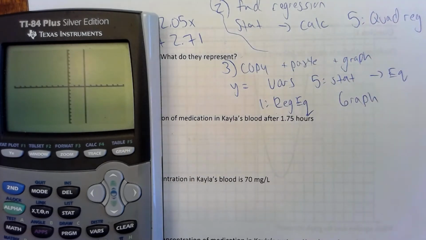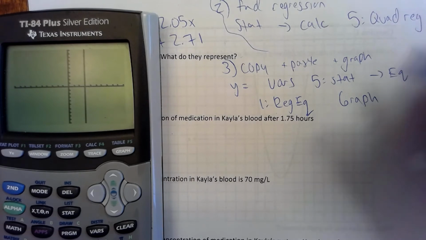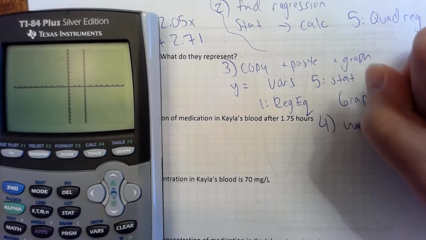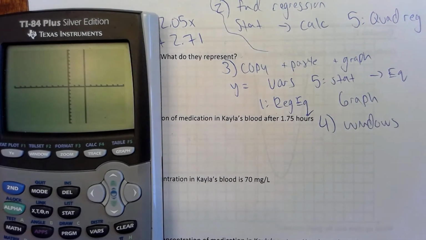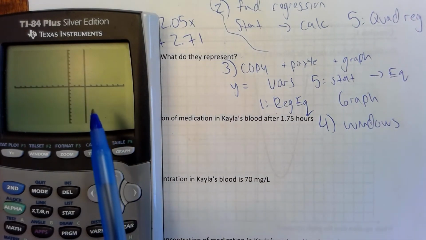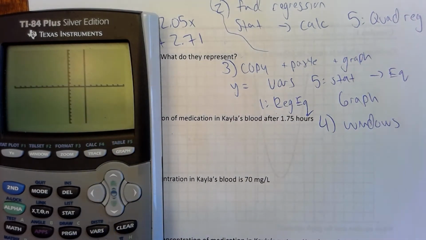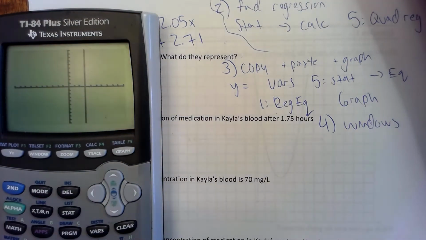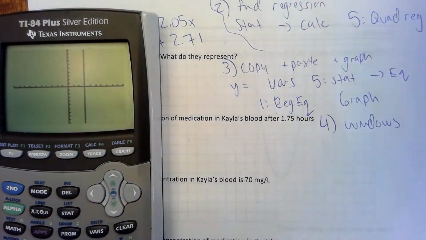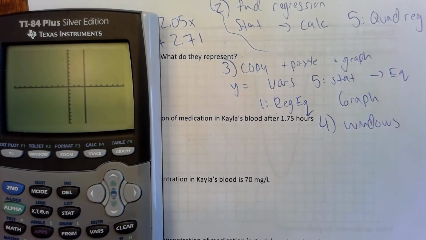Unfortunately, whenever I graph something, I probably have to adjust window settings. So step 4, windows. Now this is a great starting point because at least I can see something. I think I'm going to have to work on adjusting this a little bit though. Adjusting your windows takes a lot of practice, and a lot of thinking of what do I want to see more of.